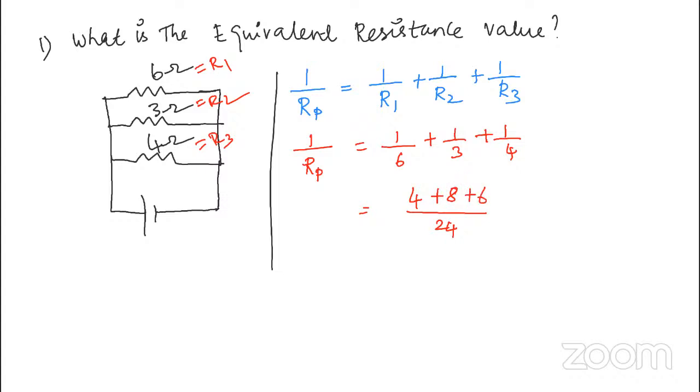Okay, so add பண்ணோம் அப்படின்னா we are getting 18 by 24. It is 1 by RP. So இதுலேருந்து we are writing RP ஓட values, அப்படியே reverse order எழுதிக்கணும். So we are getting 24 divided by 18.